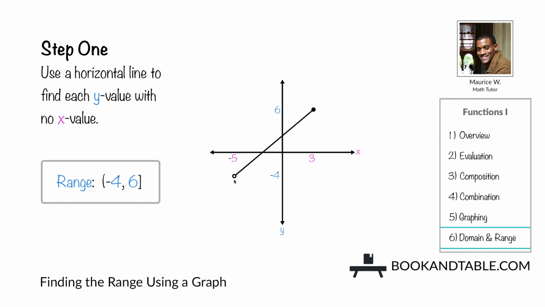So the range would be from -4 to +6, parenthesis on the left side of -4, since the value is not included, and a bracket to the right of 6, since that is included. So that is how you would go about finding the domain and range using a graph.